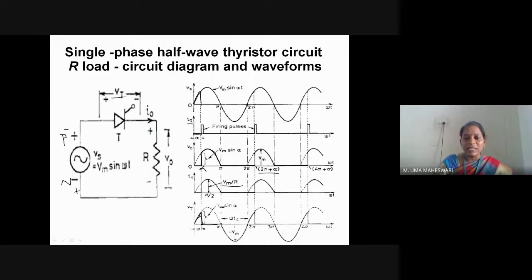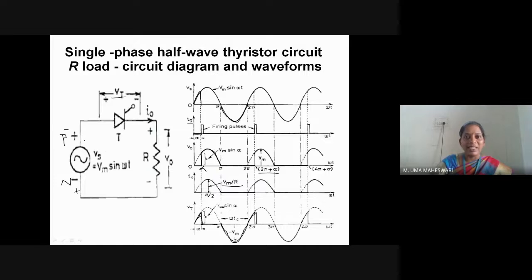And after instant pi to 2 pi, what is happening? The SCR is in off state, output voltage is 0. So the SCR is blocking the applied reverse voltage. The entire reverse voltage is appearing across the SCR, so the waveform is this, and this continues until the instant 2 pi. The SCR is blocking the applied voltage. So the repetition of the cycle takes place.